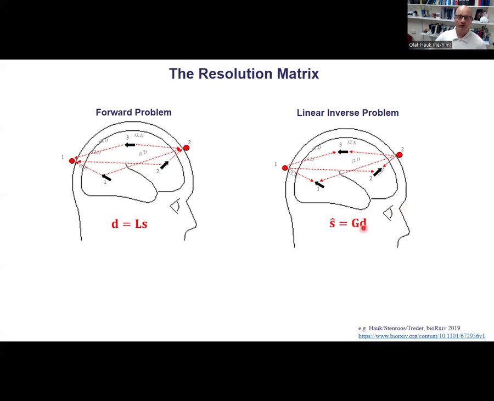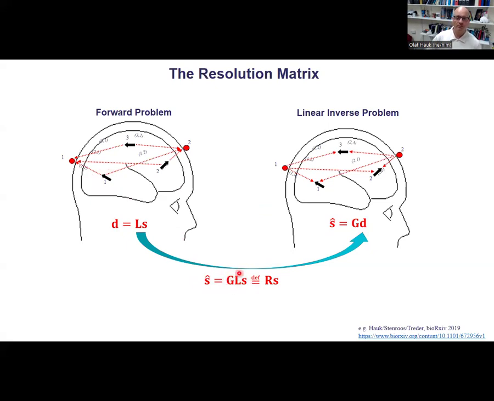At this point we haven't said anything about what this G could be. It could fall from heaven, or it could be the minimum norm estimator or whatever. But as soon as we assume the linear forward problem and the linear inverse problem, we can substitute D by lead field times sources, and we get this relationship: the estimated sources are the inverse operator times the lead field times the true source distribution.